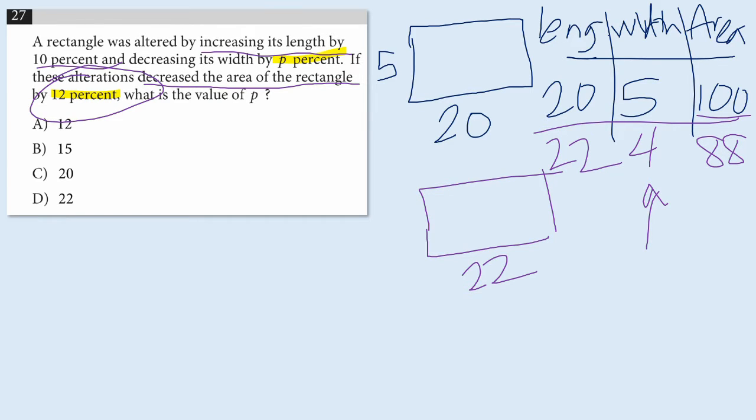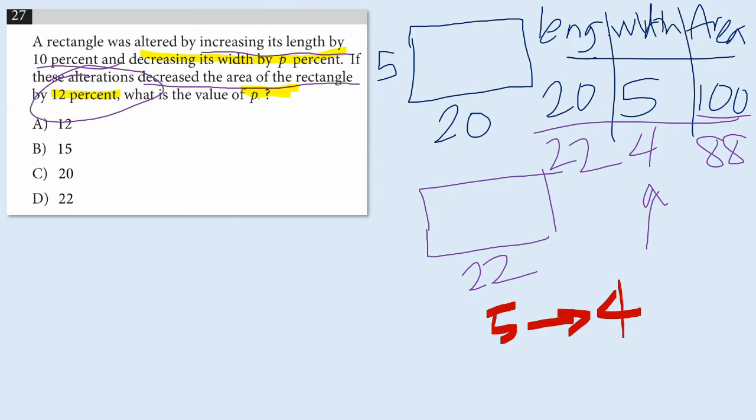So all I have to do now is look at what the question is asking, which is, what is P? And P is the percent that the width has been decreased. So if the width went from 5 to 4, that means it became 1 unit less.